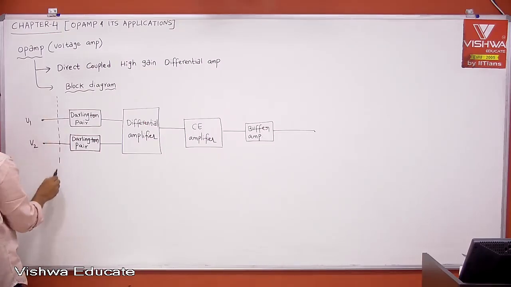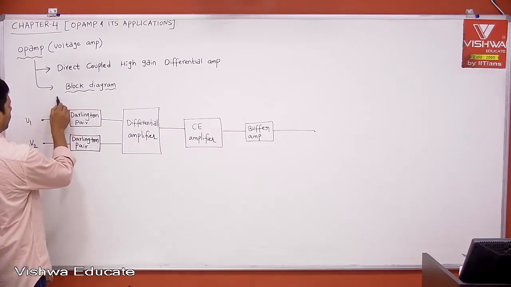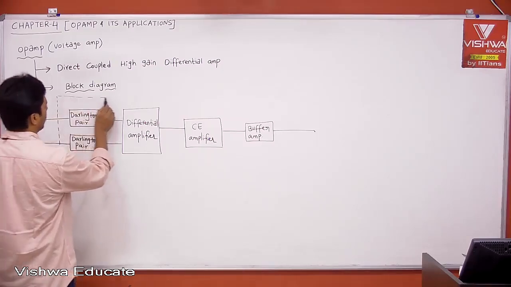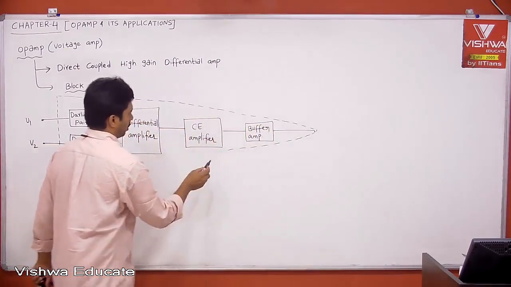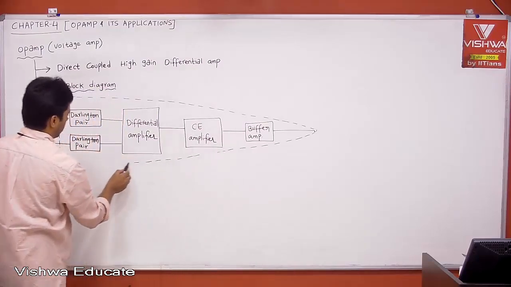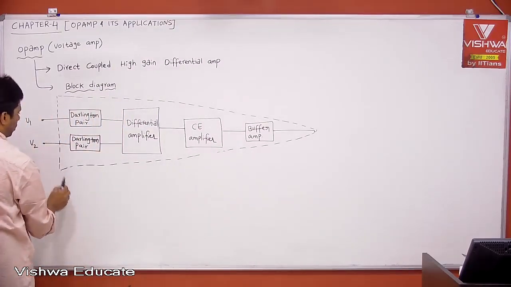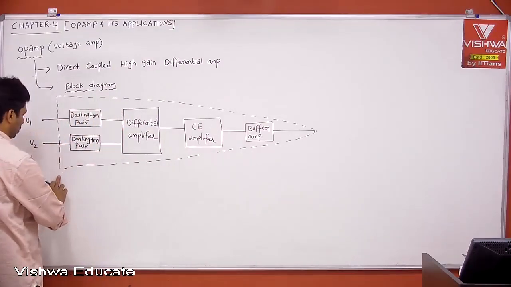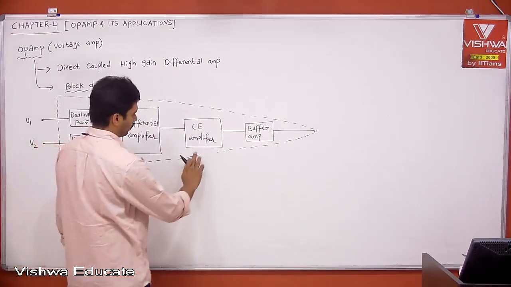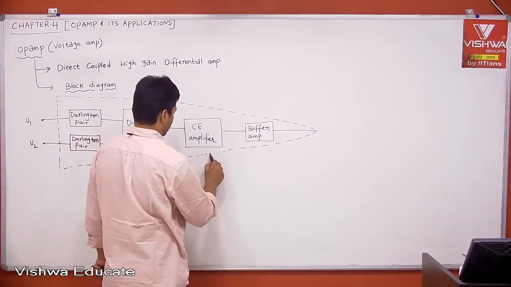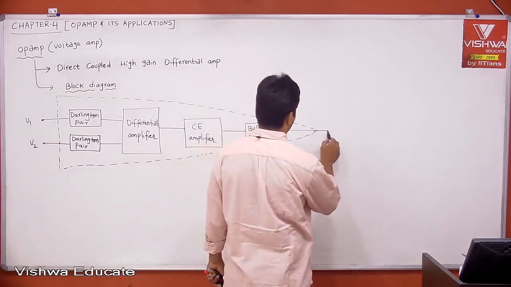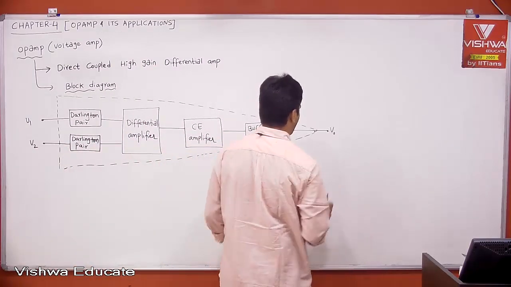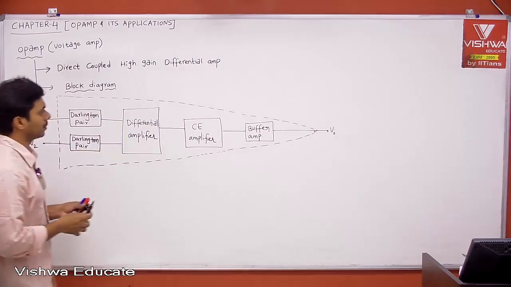Therefore, this is the block diagram that is present. This is your op-amp. Let us say this is your V0.